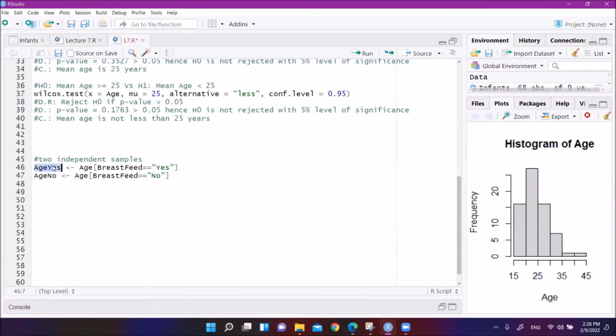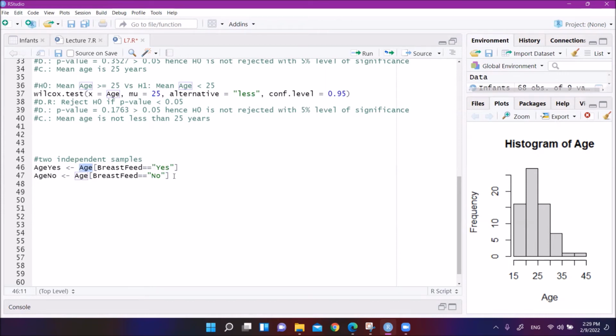So age years means age of the mothers of infants who were breastfed. And age no means age of the mothers of infants who were not. We select, this is the command, okay? Age where we select breastfeed equals yes.